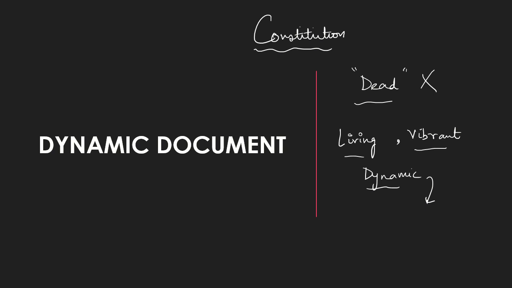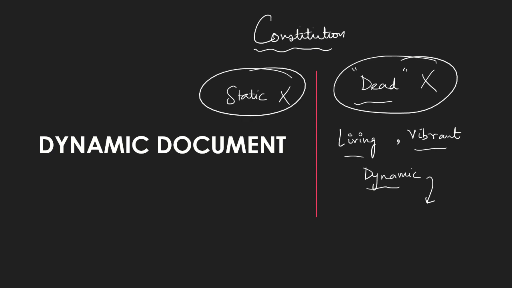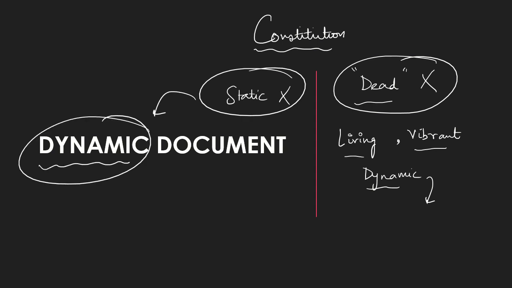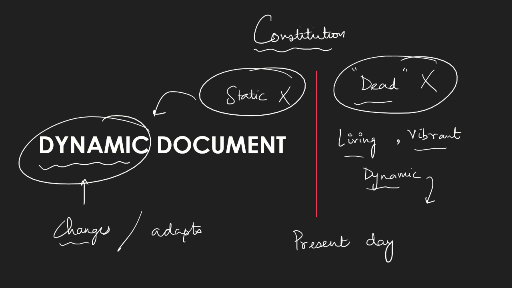It is not something which is dead. It is not something which is static. As you might understand, the grammatical opposite of the word static is dynamic. Dynamic means that it changes, it adapts. It adapts itself to the requirements of the present day, right? So with the passage of time, the requirements of the society keep changing.